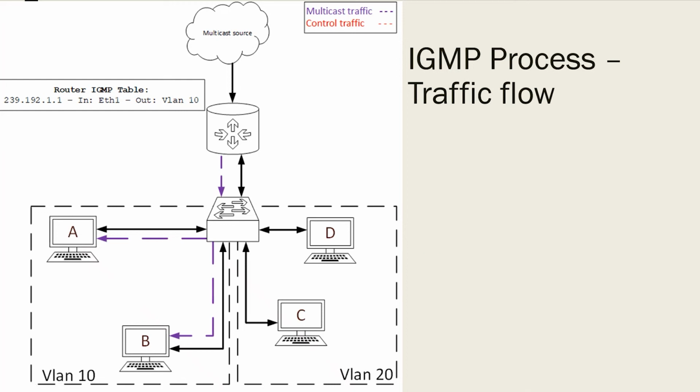What happens if we add snooping is that when this device, B, starts up and wants to request traffic, the logic in IGMP on the host side is that when you start up, regardless of whether you're receiving it, you send out that IGMP join.